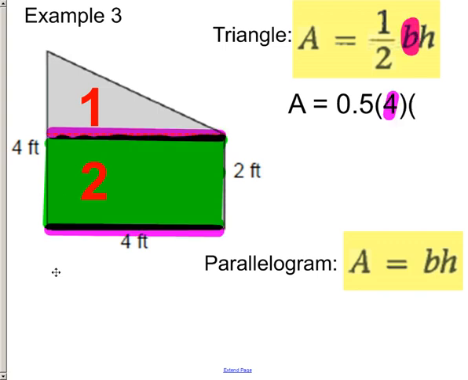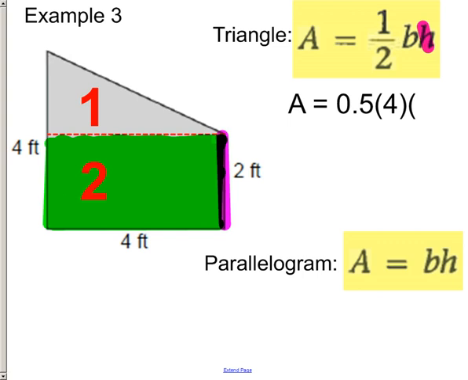The base of the triangle, well, since the bottom is 4 feet here, I would know that this would have to be 4 feet as well. See how we're having to basically apply our understanding of parallelograms, or in this case rectangles. You know, this side would be the same size as this up here. So that would be 4 feet, and that's why we plugged 4 feet in for the base. The height of the triangle, we have to do something very similar.